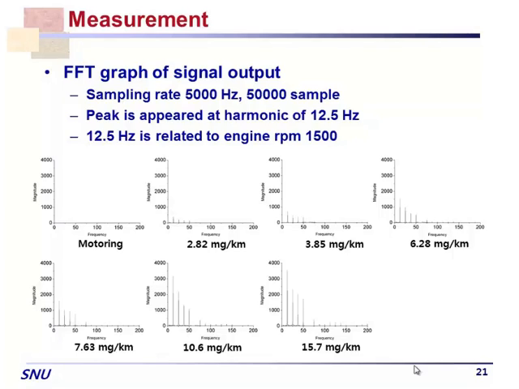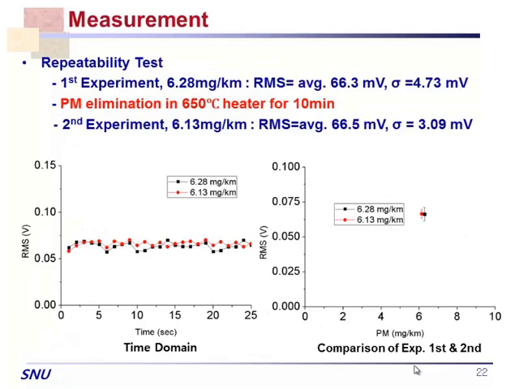This 12.5 hertz signal is related to the engine RPM. So if RPM changes, then this frequency changes. So we have a kind of clean signal out of this one.